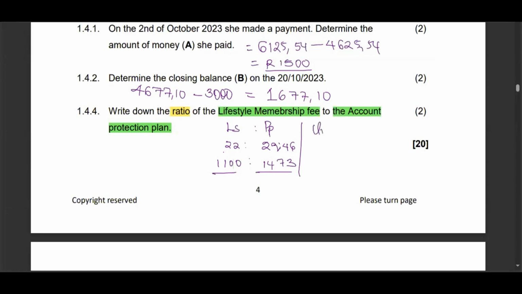A unit ratio starts with 1 as the given number. That means 22 divided by 22 is 1, and 29.46 divided by 22 gives you 1.837.